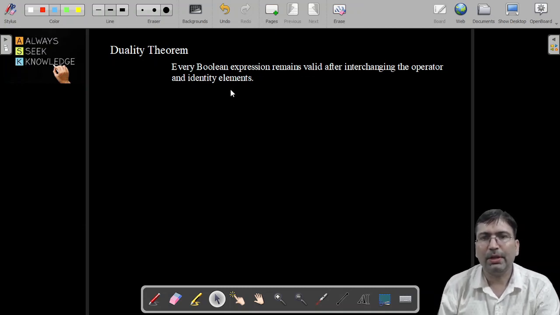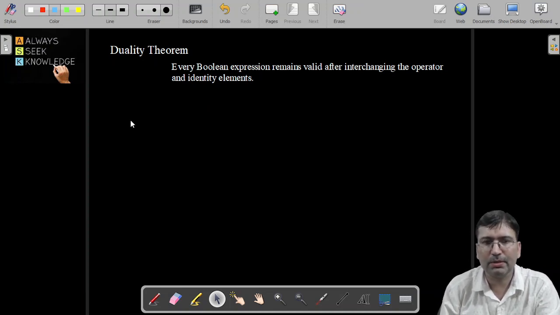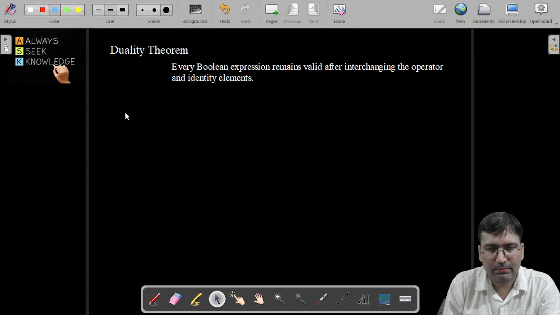In Boolean algebra, generally we have two basic fundamental operations. We have the OR operation and we have the AND operation, right?